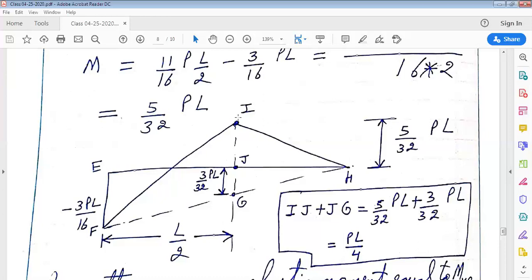This distance JG equal to 3PL by 32 can be obtained by observing that triangle EHF is similar to triangle JHG.